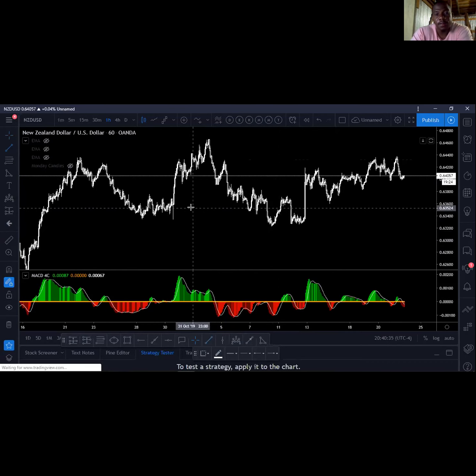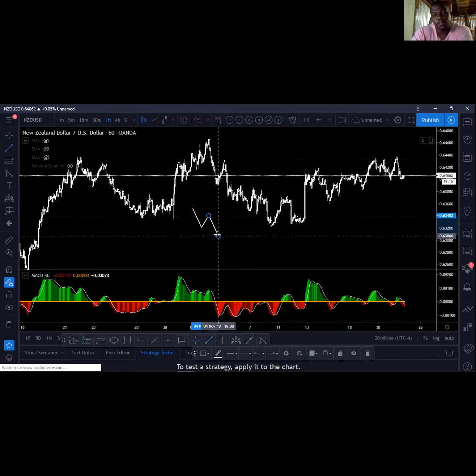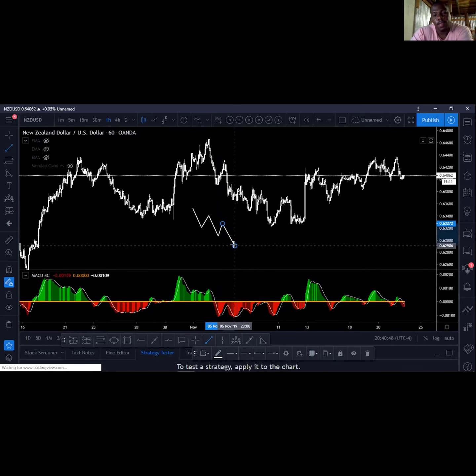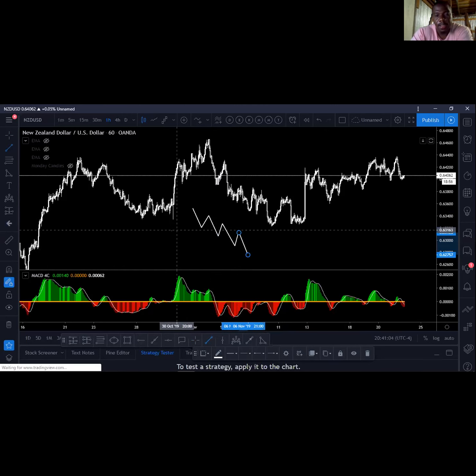If it's moving down, you will get some swing points. I'm just showing you an example using lines, but obviously at these swing points you will see candles. So the market is in a downtrend, and you will see candles at all these swing points.